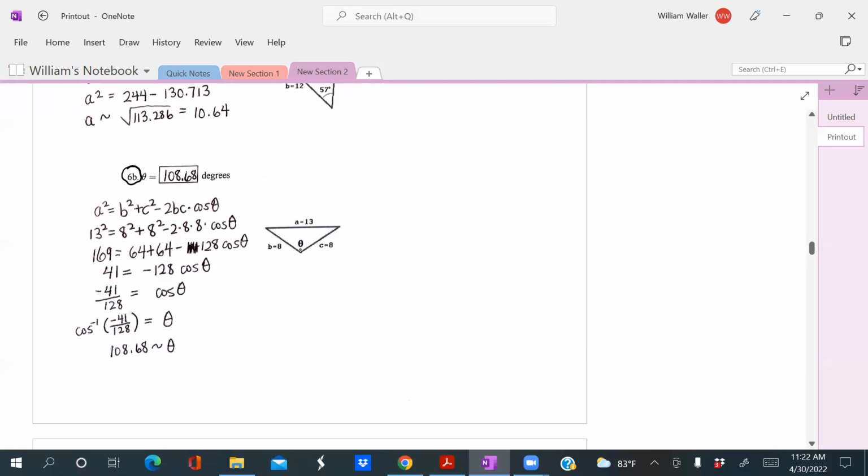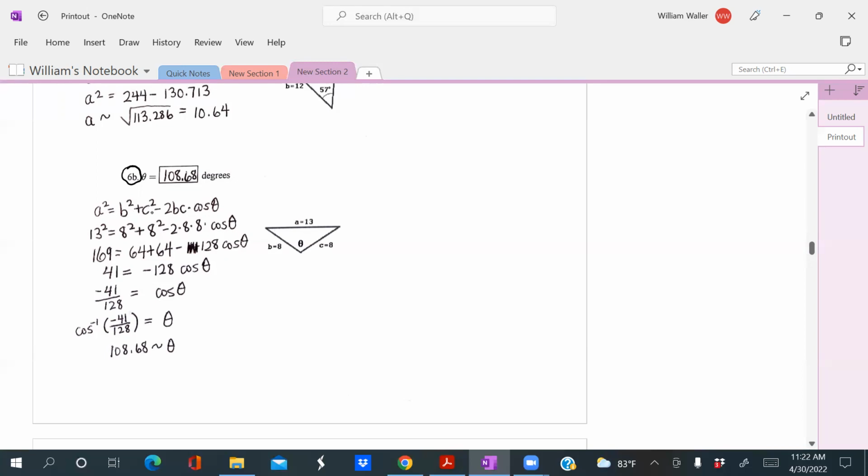So the law of cosines says, if you're thinking about a particular angle in a triangle, which does not have to be a right triangle, right? The law of cosines says, well, if you take the length of the side opposite that, which in this case, since we're looking for theta, the side opposite is a here. If you square a, that's equal to the sum of the squares of the other two sides.